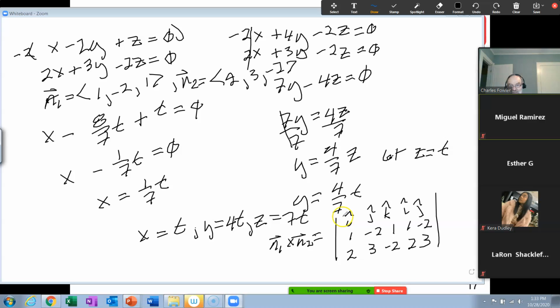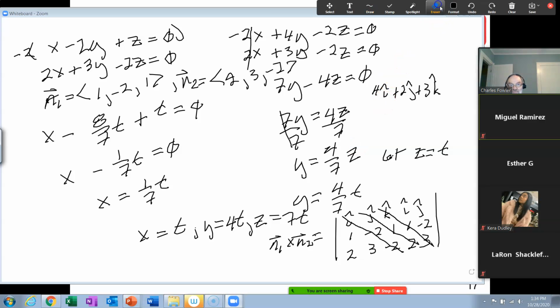Okay, now do your magic here. That would be 4i, plus 2j, plus 3k. Those are your down diagonals.